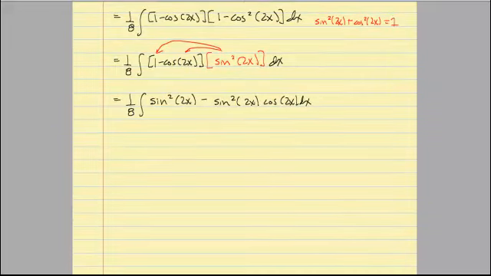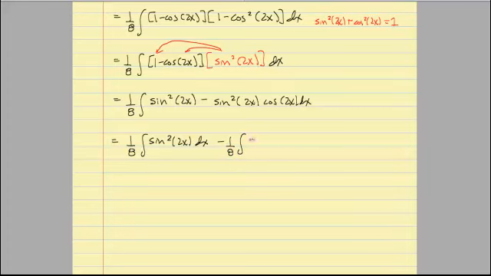So it looks a little shorter right away. Let's go ahead and split this up into two separate integrals because we're going to be working with this in two different ways. Don't forget to distribute the 1/8. Don't want to make an algebra mistake there.